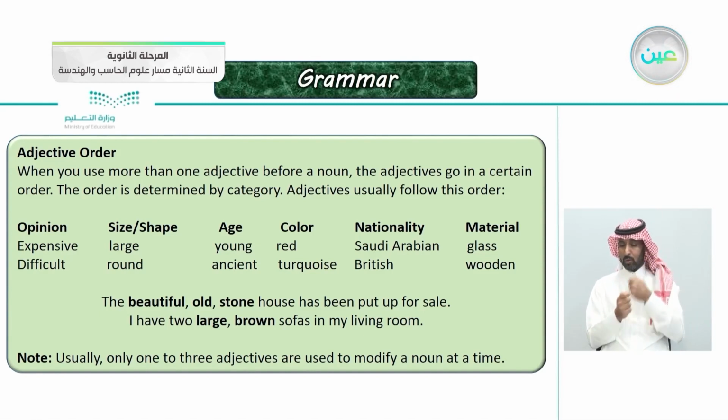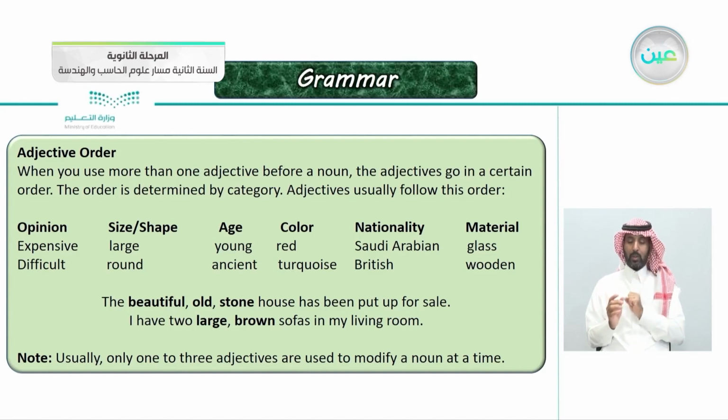The second example here, I have two large brown sofas in my living room. I have two large, so this is size, brown, color, sofas in my living room. As we can see here, size or shape comes before color. Again, I have two large brown sofas in my living room.